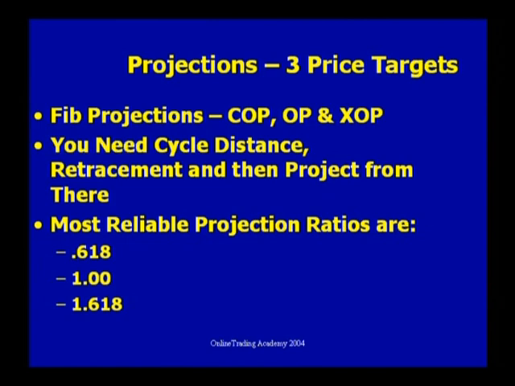Again, for each one, we need our cycle distance, a retracement, and then we're going to project from that retracement, low or high, okay? The most reliable projection ratios are the 618, the 100%, and the 1.618. So this is what we're going to do the multiplication with, huh? Let's have a look at a couple and you'll get an idea of exactly what I'm talking about.